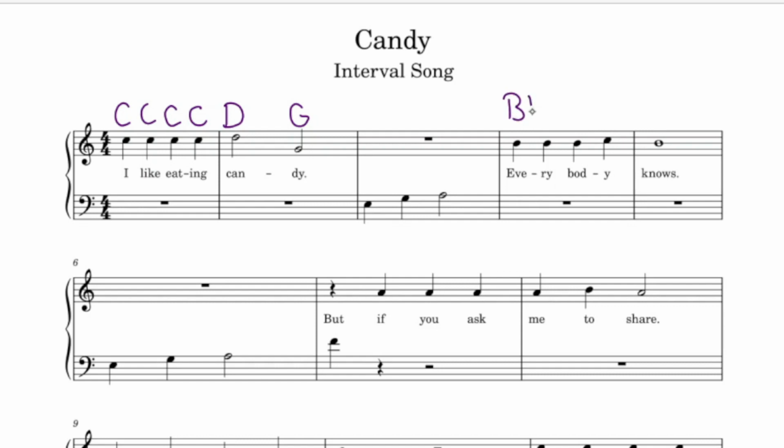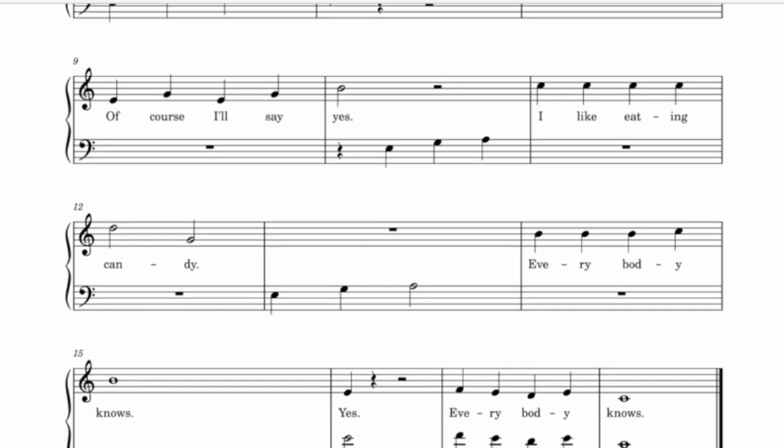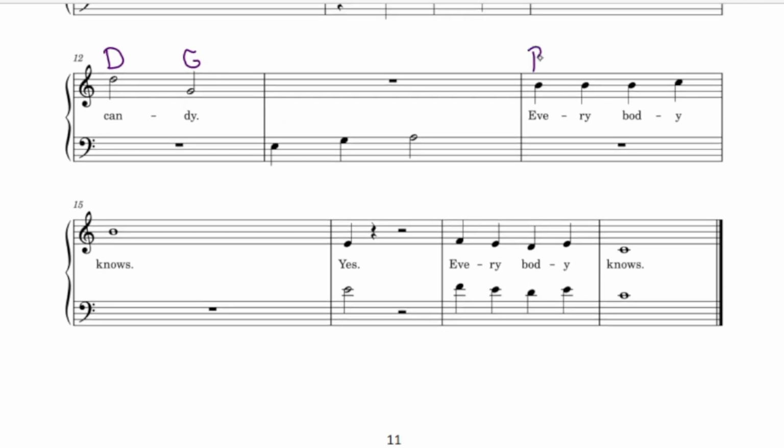We continue with a B, B, B, C, whole note B, A, A, A, A, B, A, line number 3, bar number 9, or box number 9 from the beginning, E, G, E, G, B, and similar to the beginning of this song, lots of C's, up to the D, and down to that interval of 5, G. Then a B, B, B, C, B.